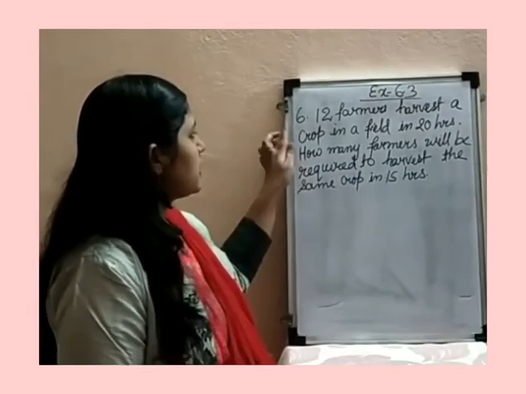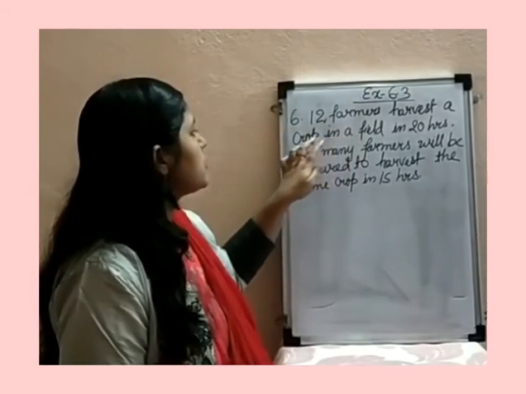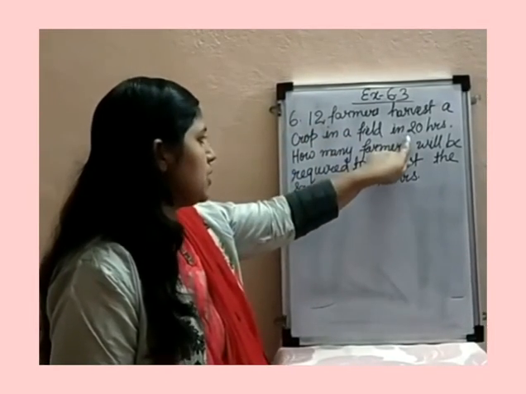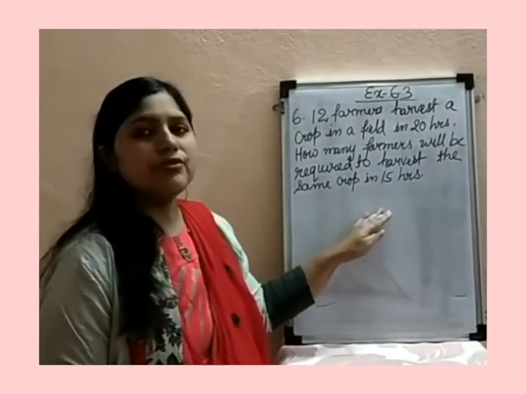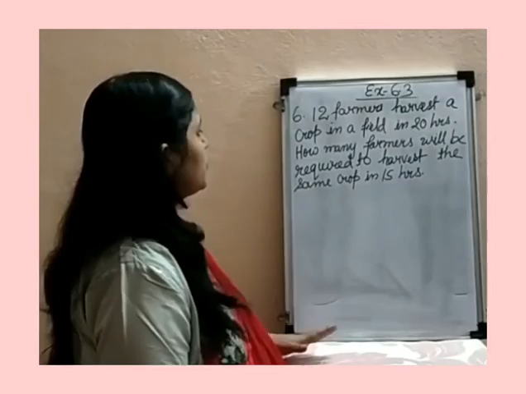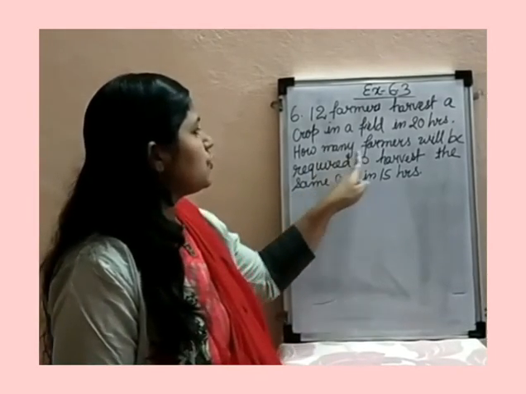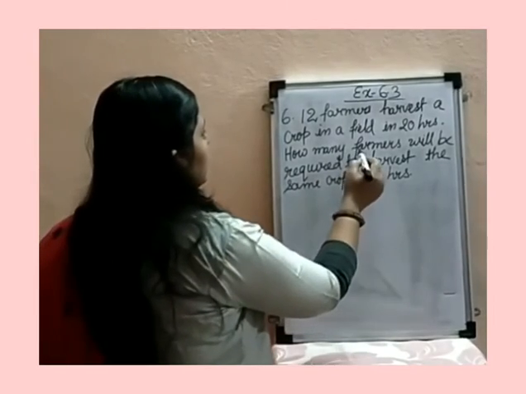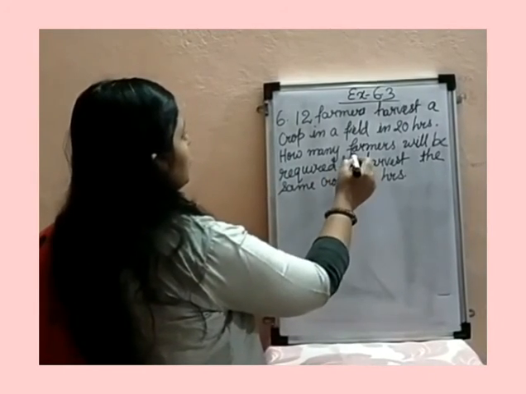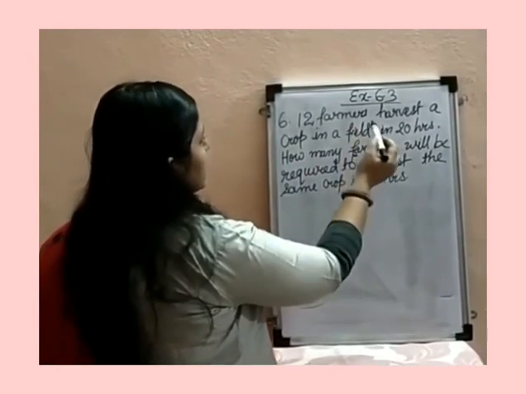Question number 6 is, 12 farmers harvest a crop in a field in 20 hours. How many farmers will be required to harvest the same crop in 15 hours? I told you, the value which we need to find, that value we will put on the left side. Here we need to find the number of farmers. So how can we write the statement?